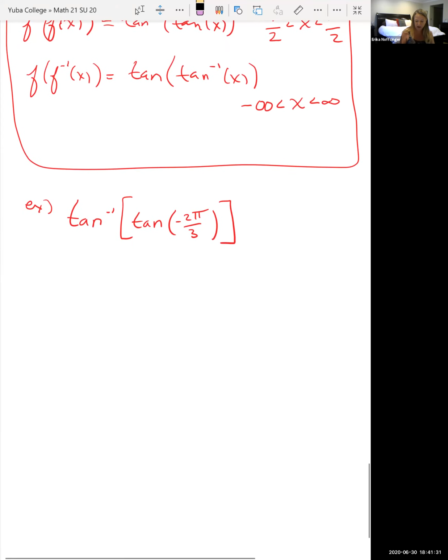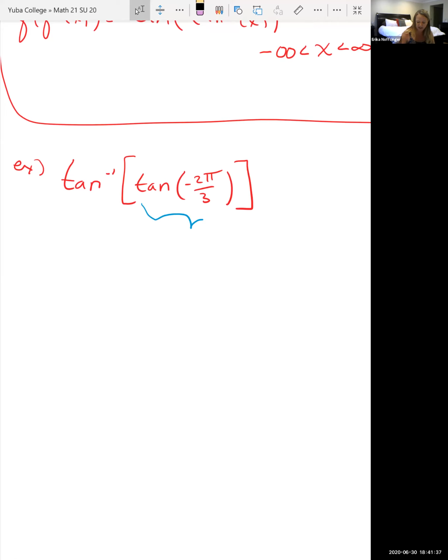So if you just first work it, so tangent of negative 2 pi thirds, we're okay because our domain here, let's look at this. So let's look at negative 2 pi thirds. If I do this, this is going to get me right here.